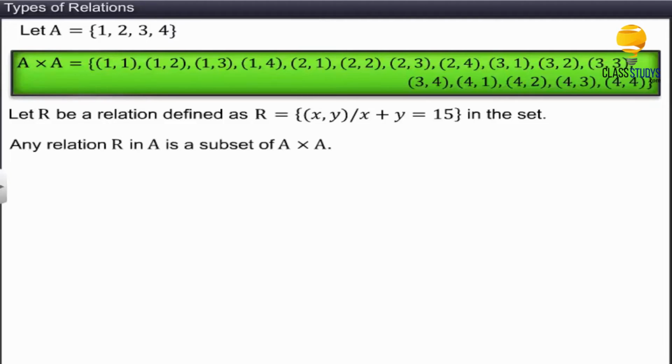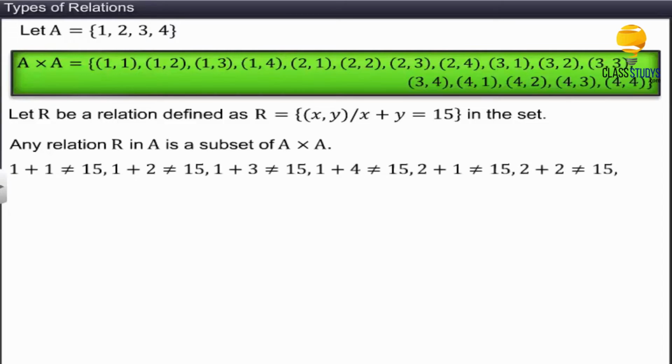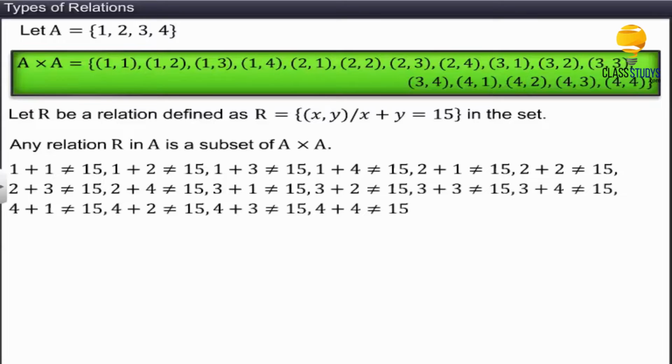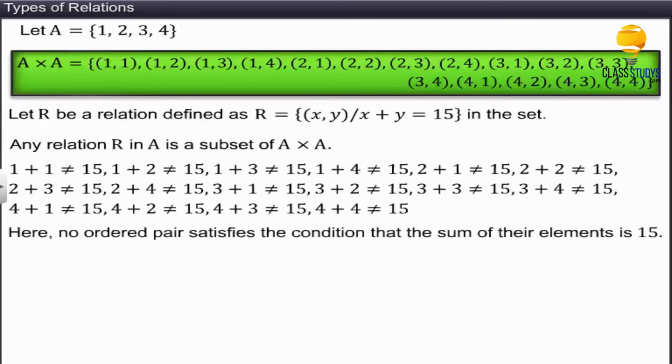Recall that any relation R in A is a subset of A cross A. In this case, no ordered pair satisfies the condition that the sum of their elements is 15. Hence, relation R has no ordered pairs in it.